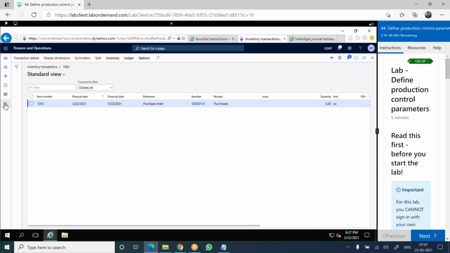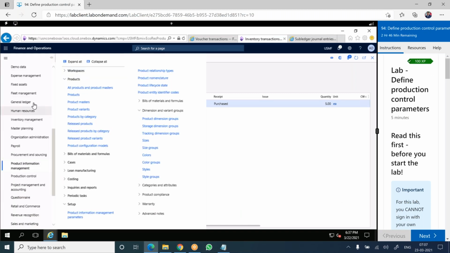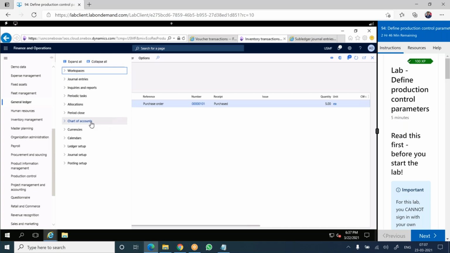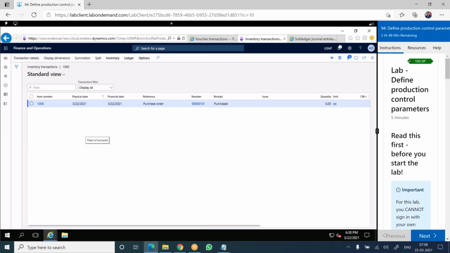General ledger, collapse. In chart of accounts, there are two things. One is chart of accounts, one is main accounts. Let me show you chart of accounts first.